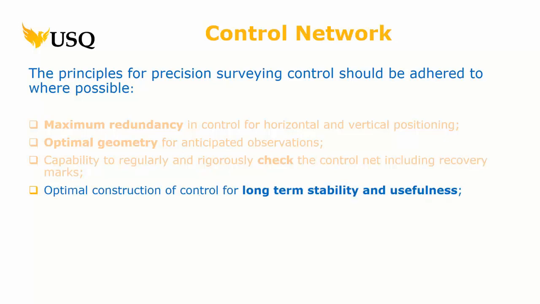And the construction of control for long-term stability and usefulness. I had a discussion last week with someone who said, well, we don't use pillars anymore because they move. If you've got a pillar this high, the ground moves, the top moves more, right? But if you look at, I think it's in the annex of deformation, you'll see some of the construction models for pillars. And I think it was the Western Australian model that is used quite often around the world, but their design for it is quite clever.